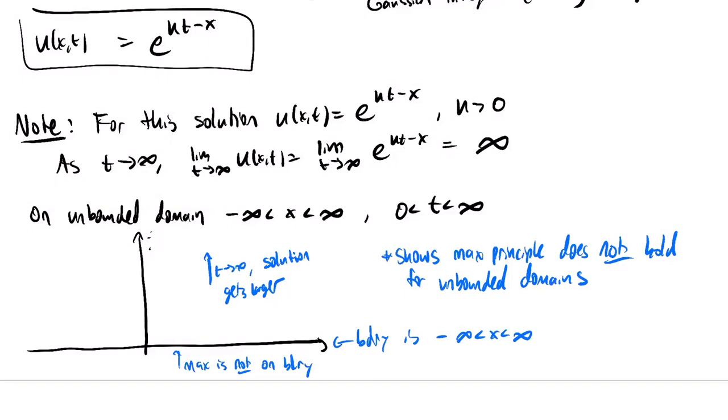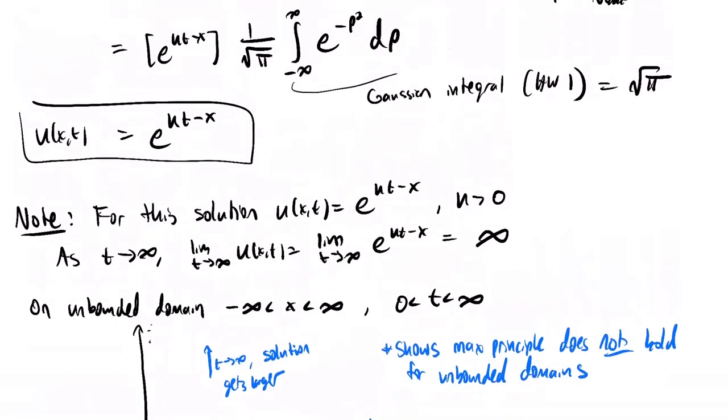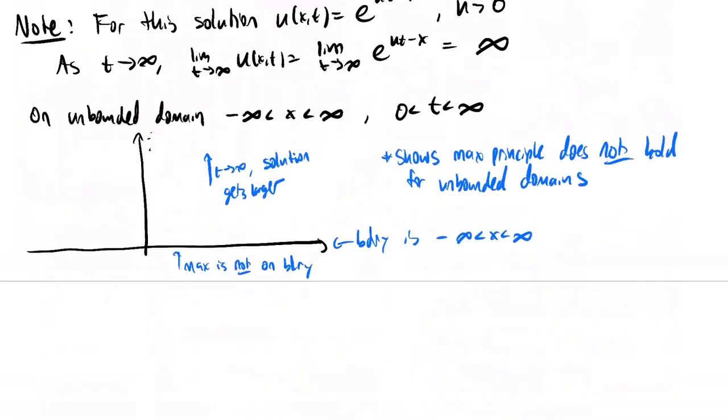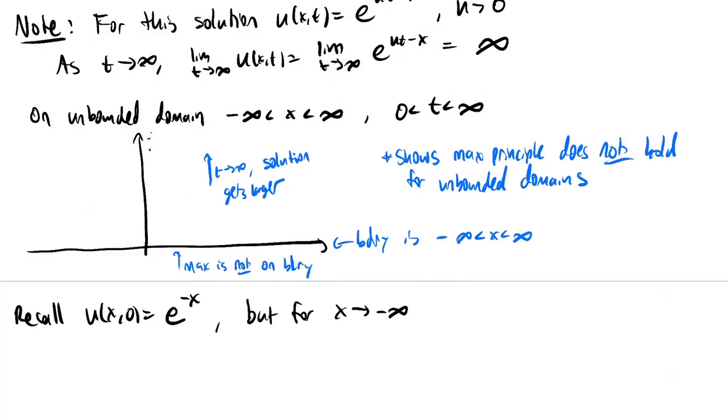And so what's going on here? Why is there a failure of the maximum principle? Well, let's go back to the initial condition. Notice that when I plug in t equals 0, my initial condition was e to the minus x, but for values of x approaching minus infinity, this gets arbitrarily large, right?